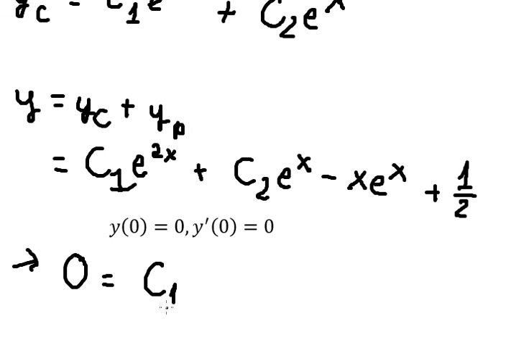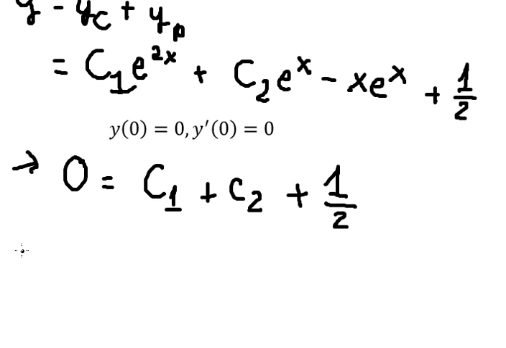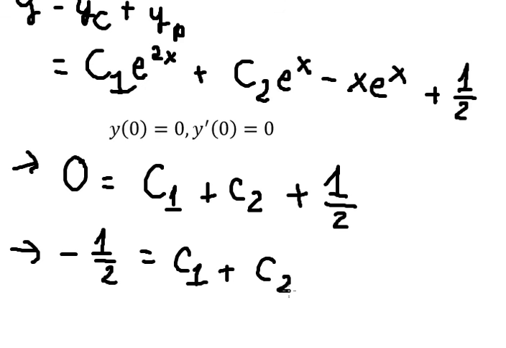So we have c1 plus c2. This one you get 0. And now we put 1 over 2 to the left, and we have negative 1 over 2 equals c1 plus c2.